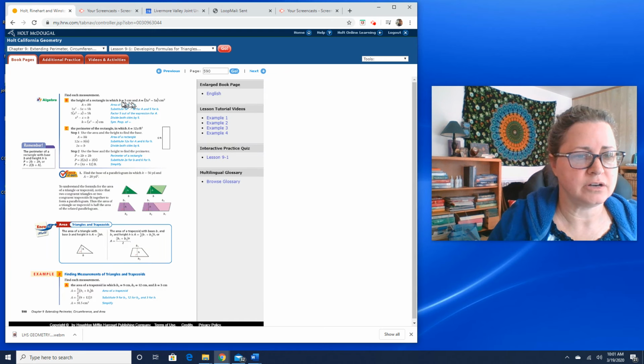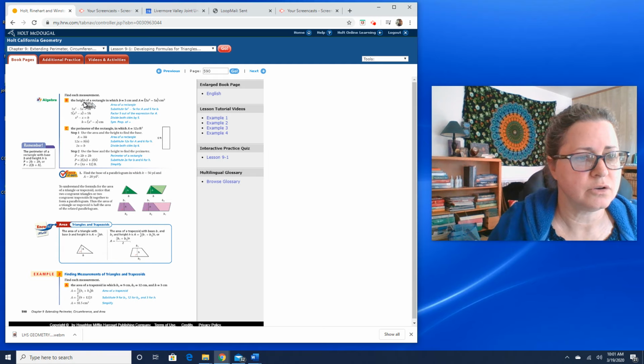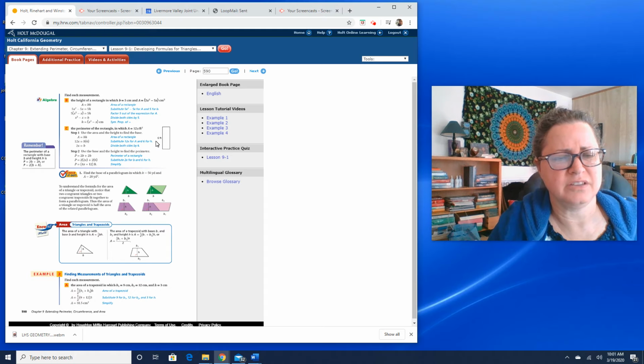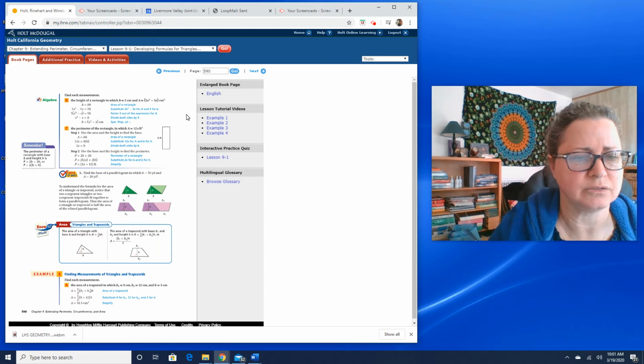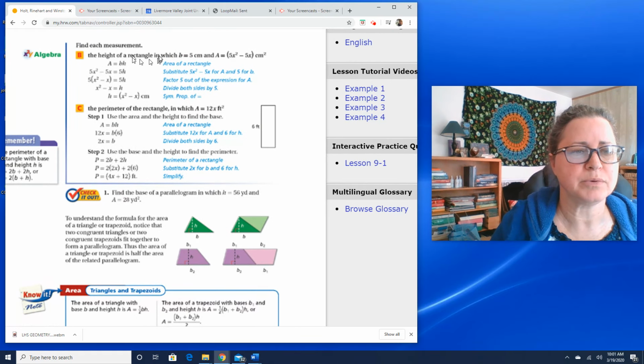On this page, they are using some really different kinds of things that you haven't seen to show sides of quadrilaterals. So here they're talking about the height of a rectangle. Okay, and all they do is they give you this little picture. I can't even see it, it's so small. Here, okay, oh, it's a 6. So they don't even draw the picture of this rectangle, and that's a shame, okay?